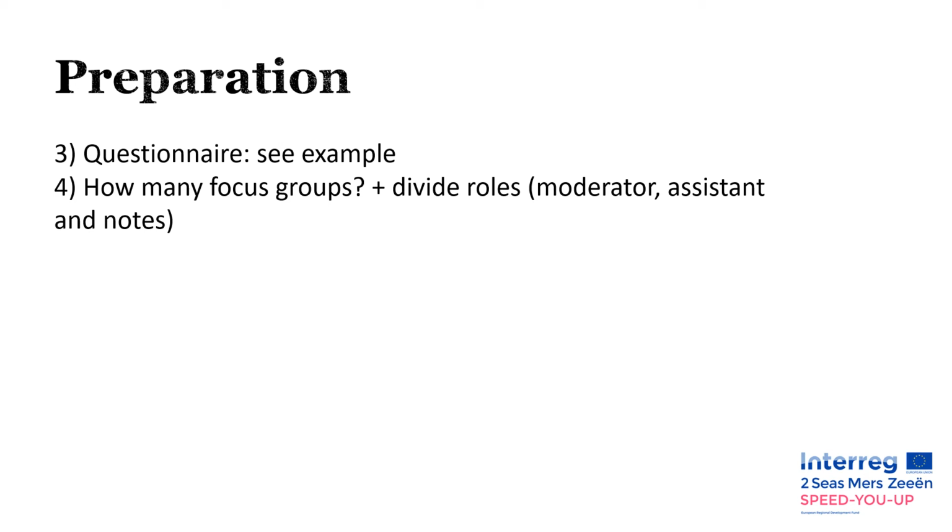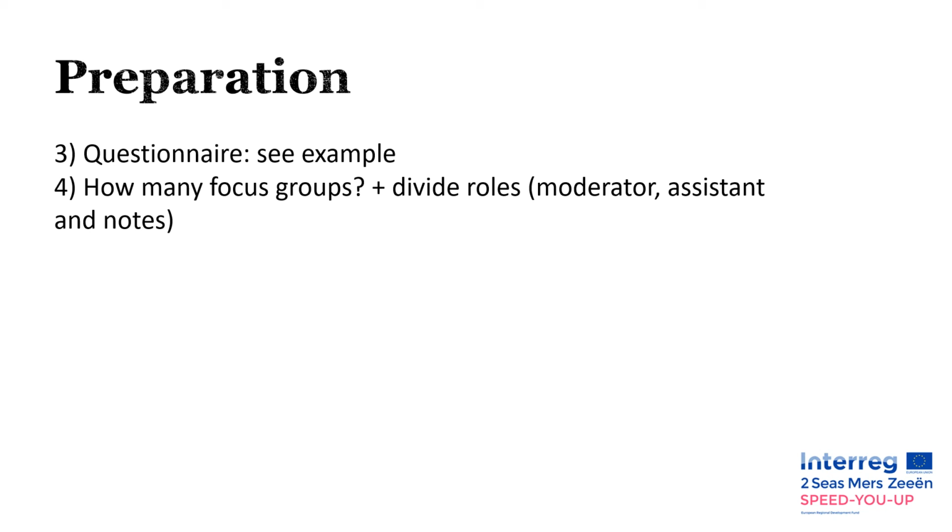Divide the roles between the youngsters. You have to have at least 3 people present. You have to have 1 moderator who is asking the questions, and then an assistant of the moderator. The assistant just keeps an eye out to make sure that everyone answers, and if he or she sees that not everyone gets the right amount of time to speak up, then he or she can address that person directly.